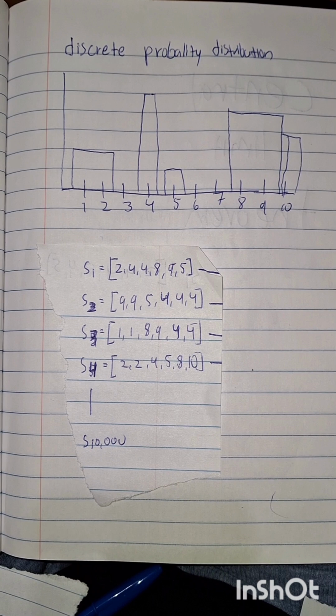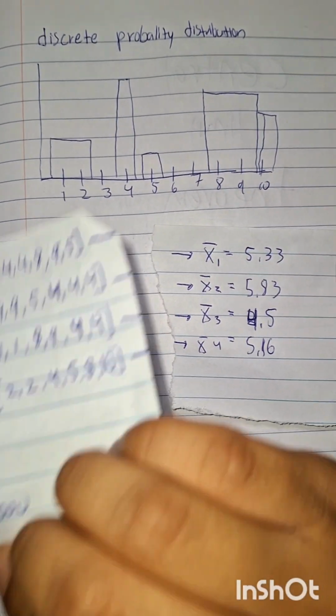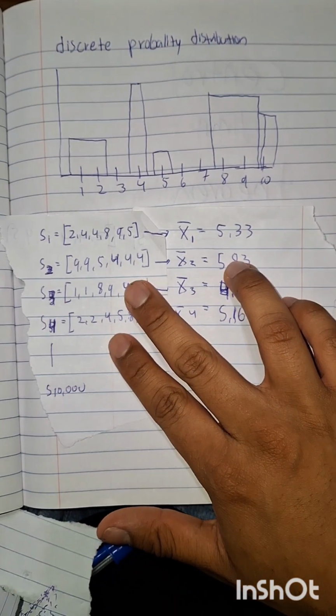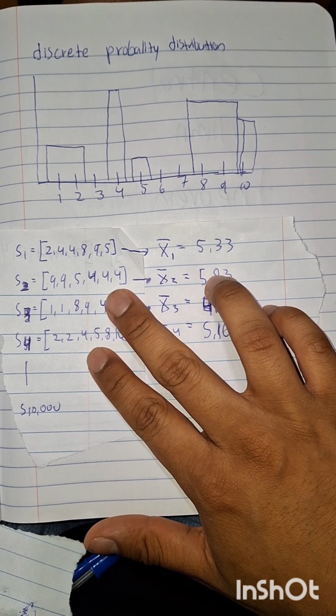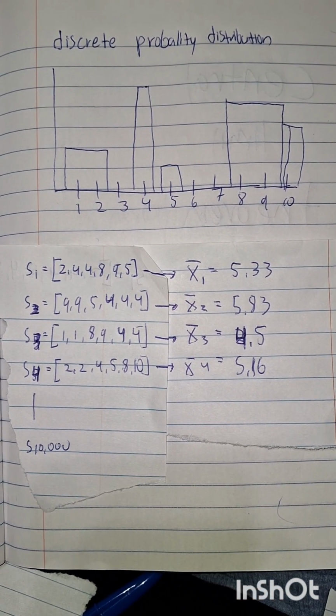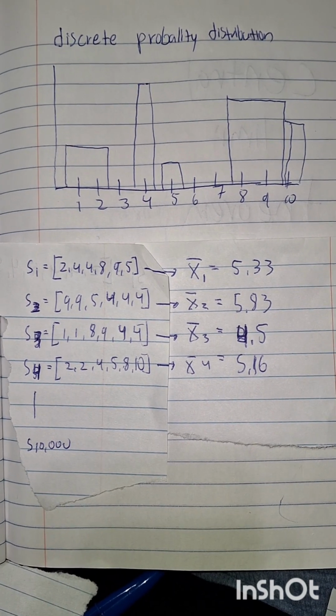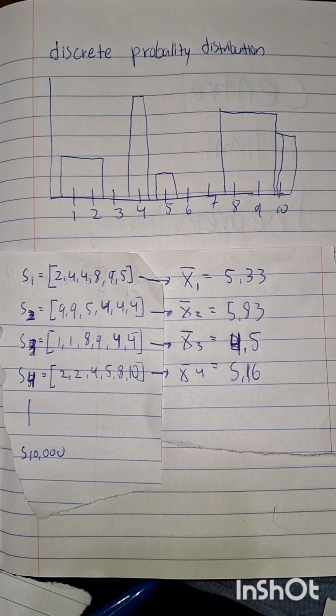Okay, so what's next? Now we're just going to find the mean for each group of students. So yes, we're going to find the mean for S1, we're going to find the mean for S2, S3, all the way to S10,000, which I was too lazy to do, but you get the idea. We find the mean, and the mean for the first one is 5.33. The mean for the second one is 5.83, and so on and so forth.